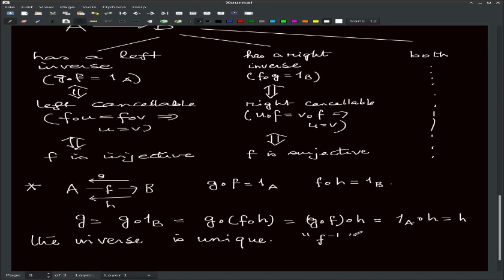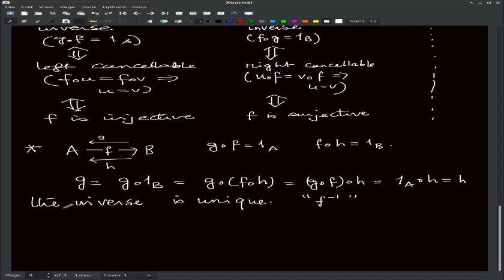Okay? And if you remember, initially, although for relations I also used F inverse, I then changed to the symbol F op. That's the reason, so that there doesn't exist any confusion.